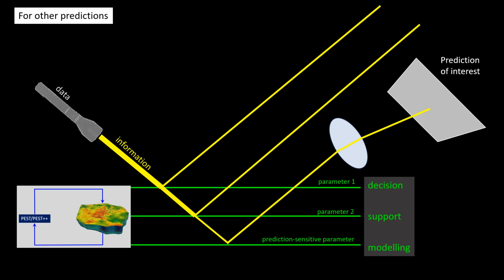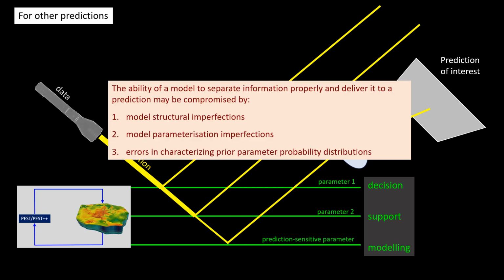There are many places along that path that information must take where things can go wrong. So if only part of that information is of use to us, this prediction may be compromised by the information separation process that decision support modeling is carrying out. And compromise means it may be biased. Its uncertainty may be overestimated or underestimated.